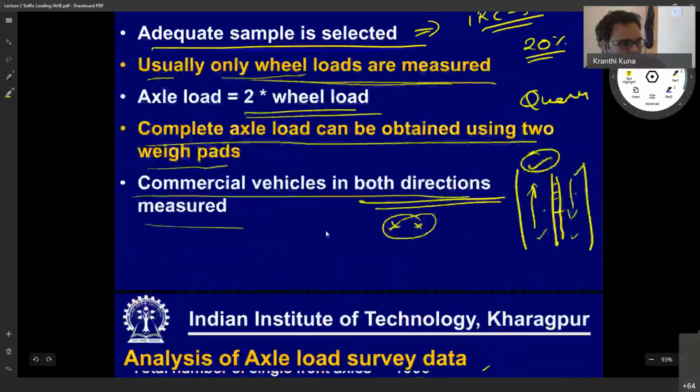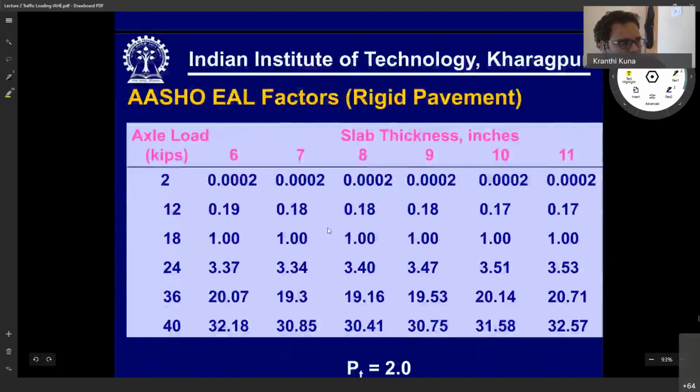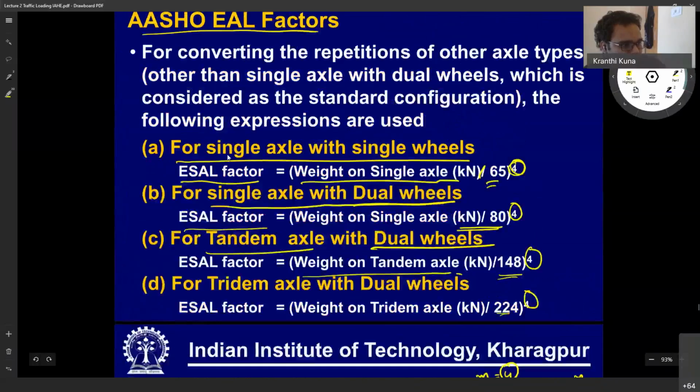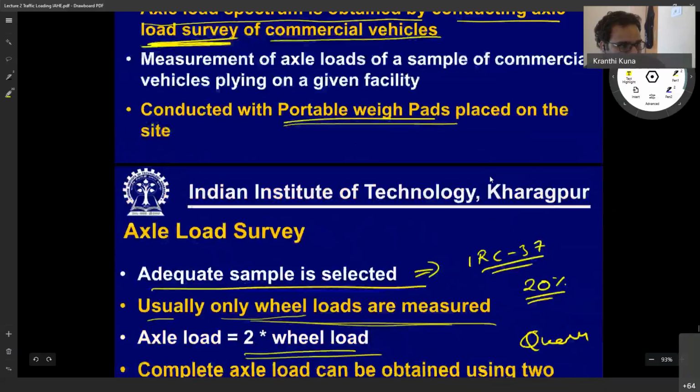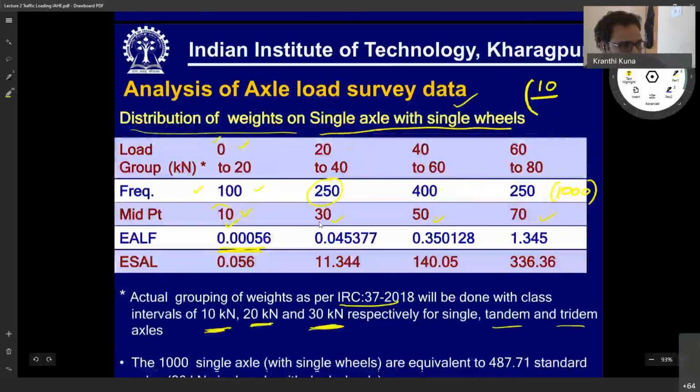Okay, we have to use 65, if you remember, for single axle with single wheel, weight on a single axle divided by 65 whole power 4, isn't it? So that is what we are doing here. So 10 divided by 65 whole power 4. If you run the calculation, you will get 0.0056.